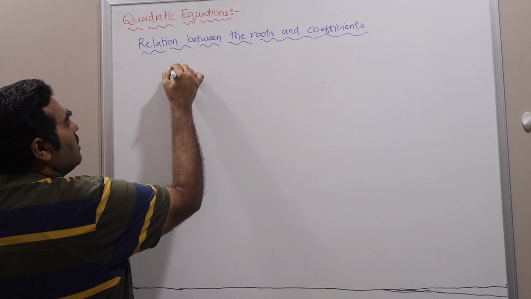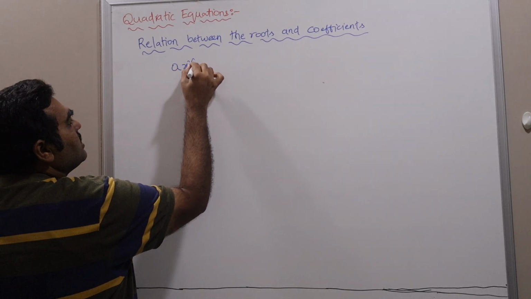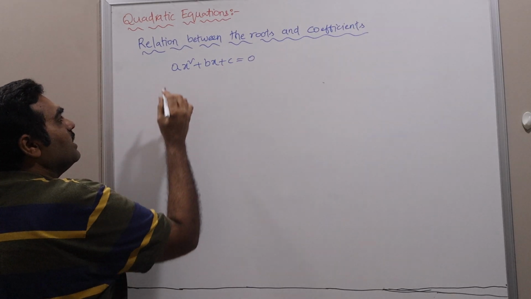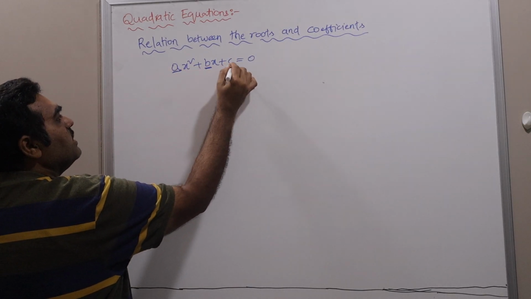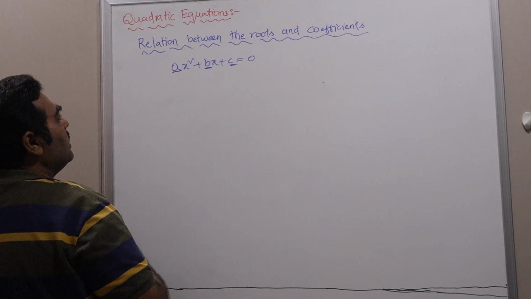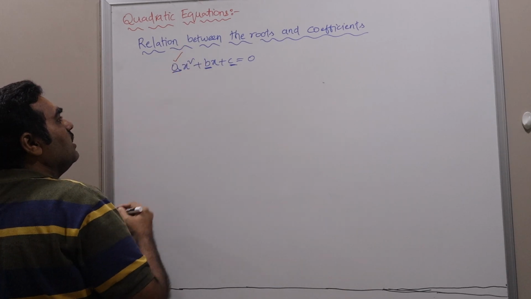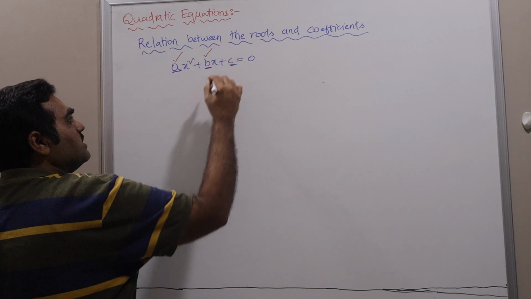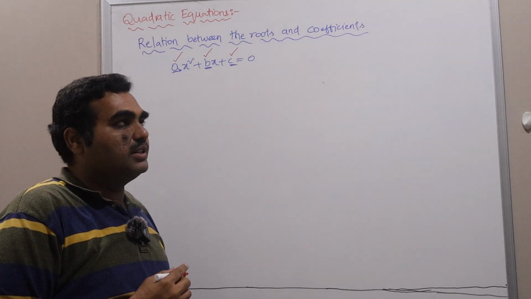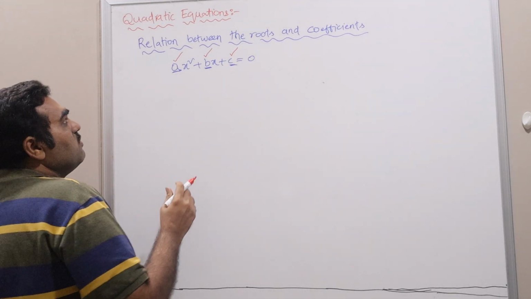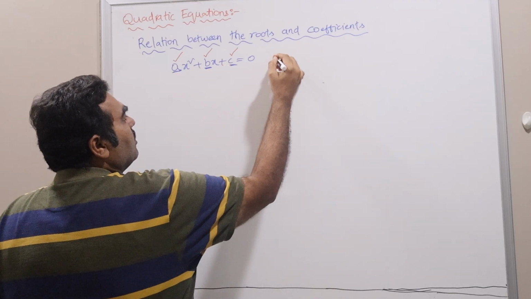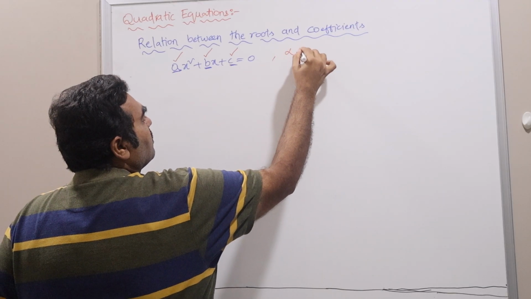We know that the general form of a quadratic equation is ax square plus bx plus c is equal to 0, where a, b, c are called coefficients. A is the coefficient of x square, b is the coefficient of x, and c is just a constant. We are going to derive the relation between these coefficients and the roots of the equation, alpha and beta.